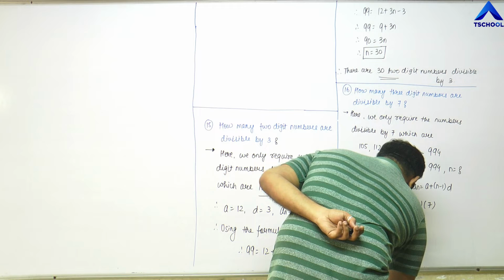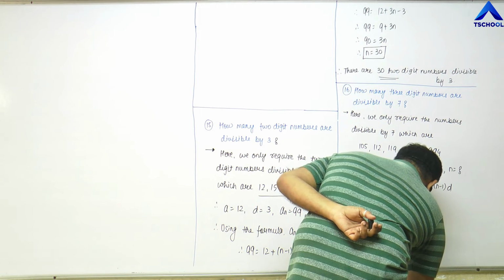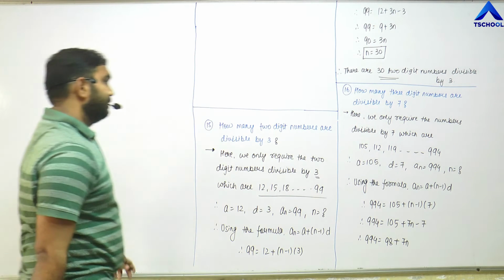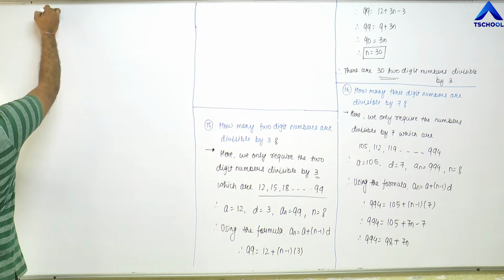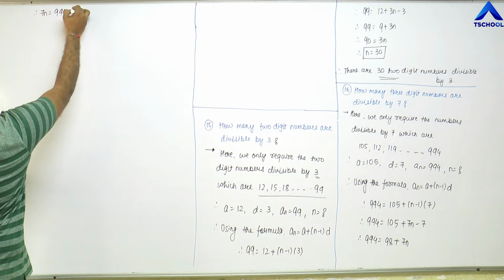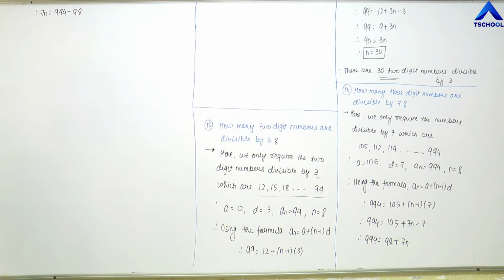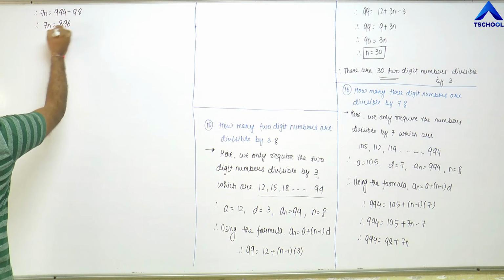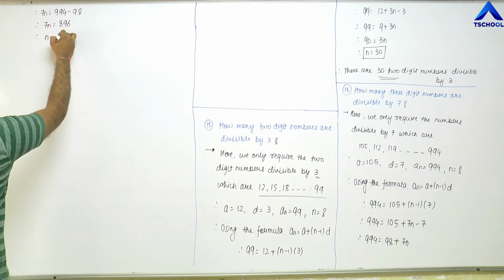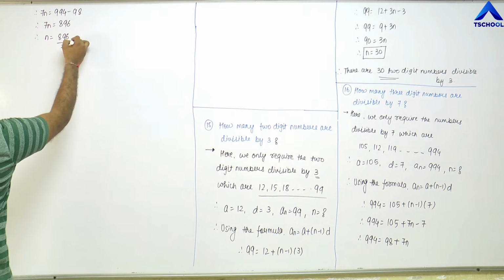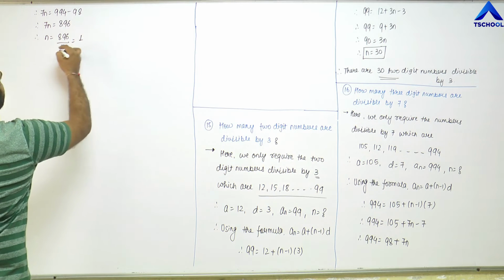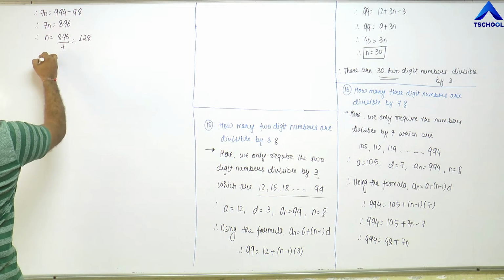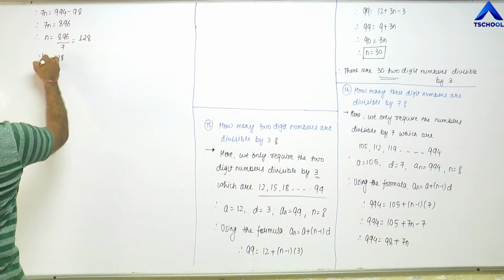Therefore 994 equals 98 plus 7n, which will give me 7n equals 994 minus 98. Therefore 7n is equal to 896 and n is equal to 896 upon 7. So that is 7 into 1, 7, 19, 7 into 2, 14 and 7 into 8, 56. Therefore n is equal to 128.